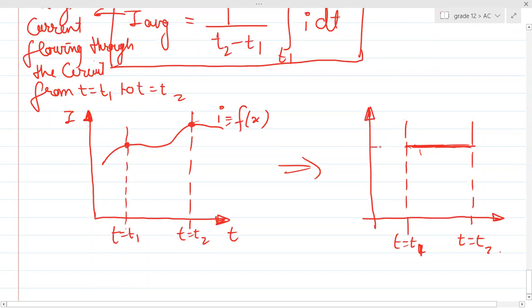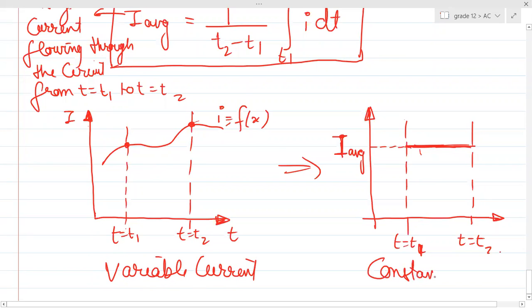By using the concept of average current, the thing which was varying, you removed this varying and made it a whole constant thing. Can you see this alternating current, or whatever current this is? You converted this variable current to a constant current.